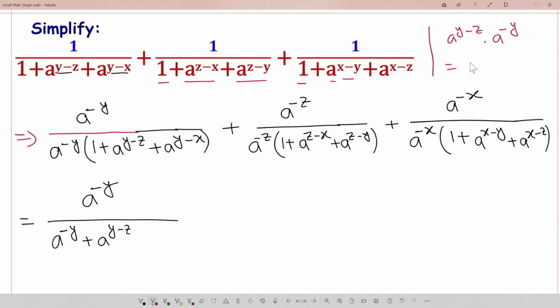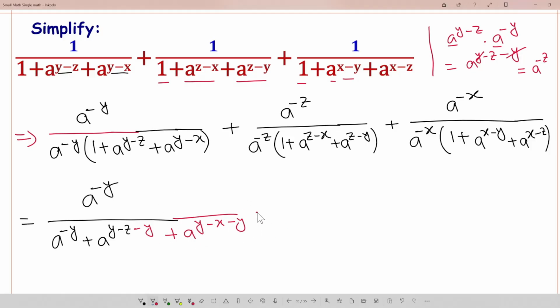The bases are the same, so the powers will be added in the product. So a to the power y minus z minus y, plus y and minus y go out, so here will be only a to the power minus z, right? So here is minus y, plus here is a to the power minus x, and here is minus y.